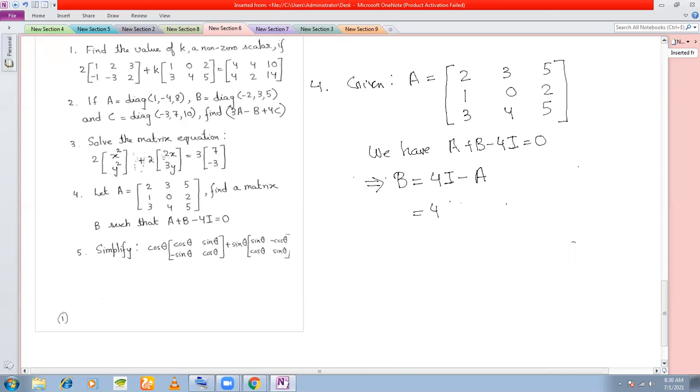That means 4I here is 4 times the identity matrix of order 3, because A is a matrix of order 3. That is why we take the identity matrix of order 3 minus A. A here is 2, 3, 5, 1, 0, 2, 3, 4, 5.